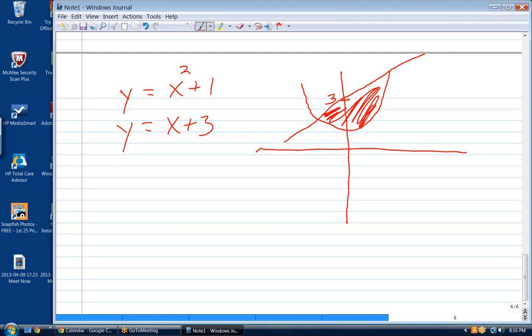I'm not a particularly good artist, so it's going to be hard for me to draw this, but I think you can see when you use washers, you have to be concerned with the inside radius and the outside radius. So when I revolve this shaded area here about the x-axis, this is my inside radius of the washer, and this is my outside radius.